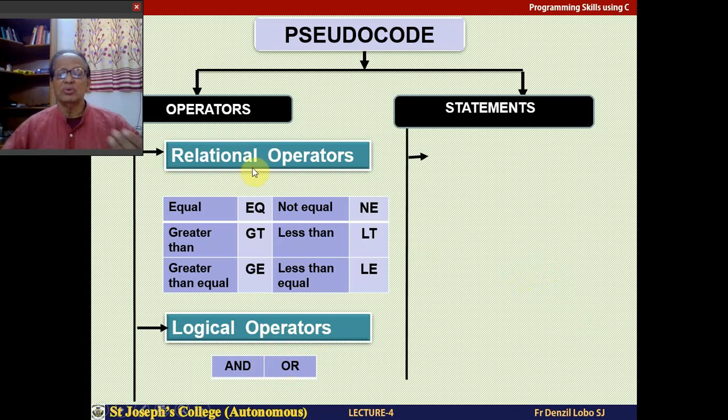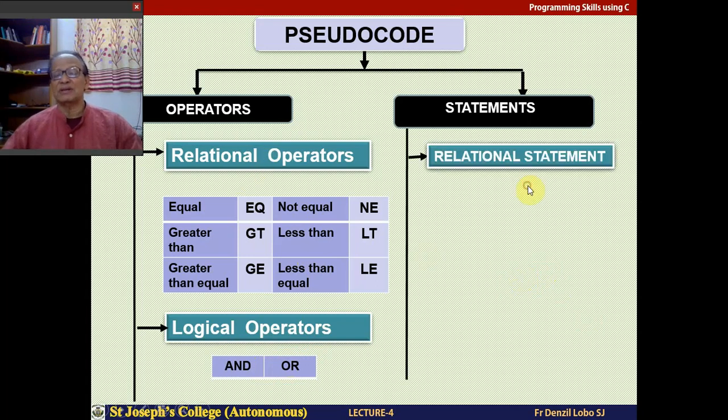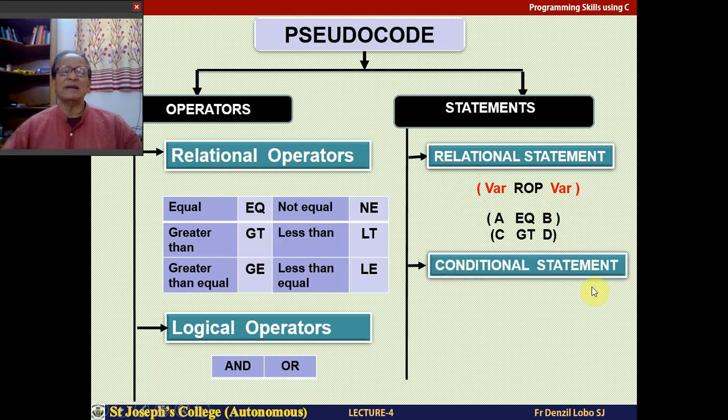Now statements. Using these relational operators, we shall make the first statement, what is called the relational statement or relational expression. That is very simple. Variable, relational operator, variable. For example, A equal to B or C greater than E. These are the relational statements, and I use these relational statements in my conditional statement.